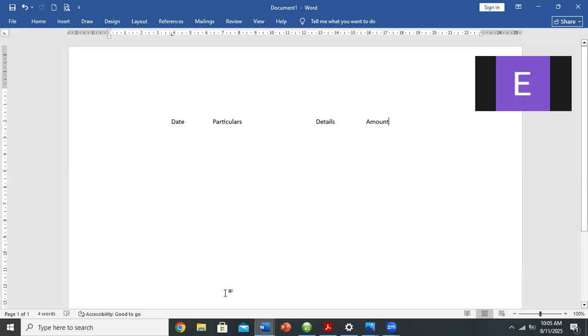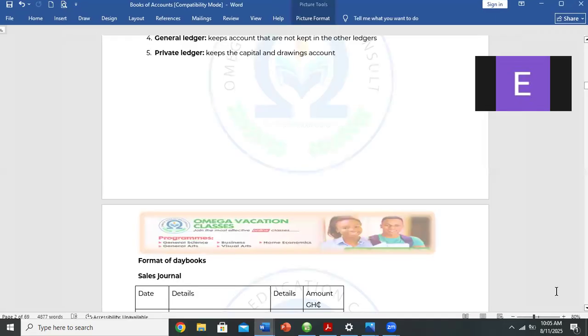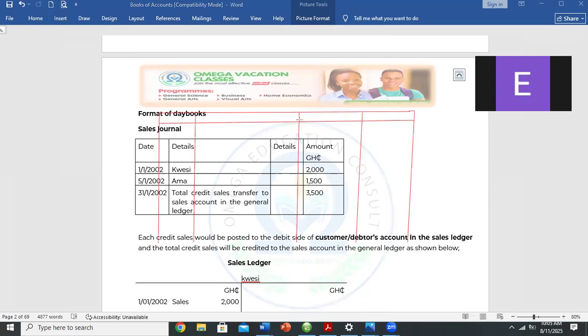For the purchases daybook, it's only credit purchases, right? And then for the returns inwards and returns outwards, I believe professors are aware. So let me give you a sample here. For example, the sales journal, this is how it looks when you prepare the book.